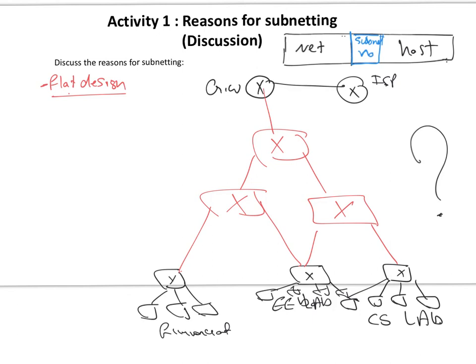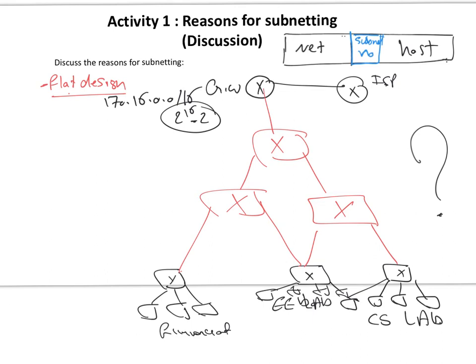Let's say this range is 170.16.0.0/16, which means Ooredoo says, take this network address and do whatever you want with it. So you have 2 to the power 16 minus 2 host addresses you can assign.